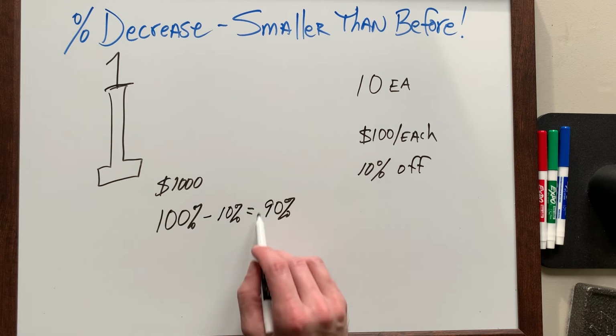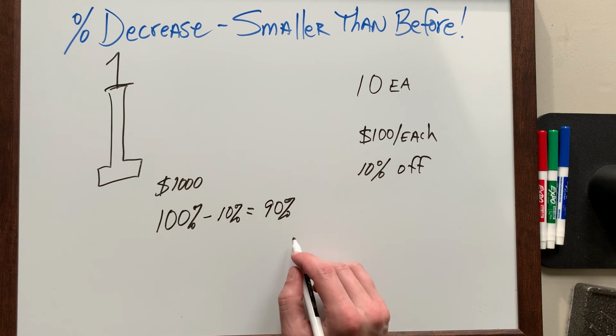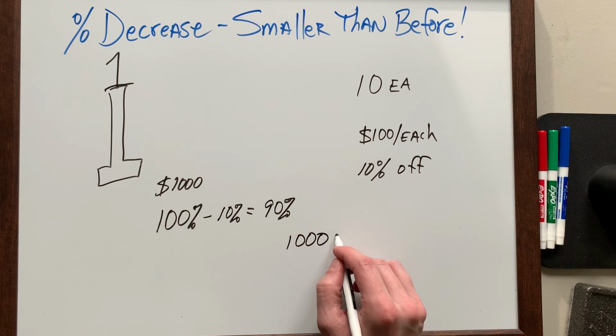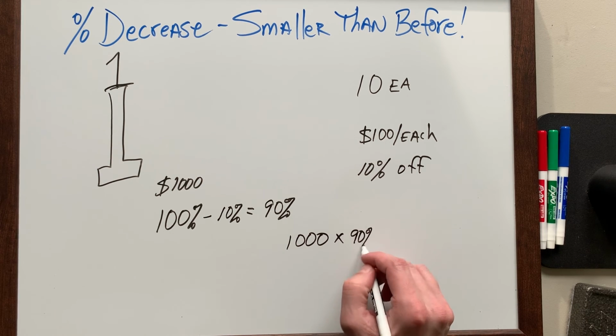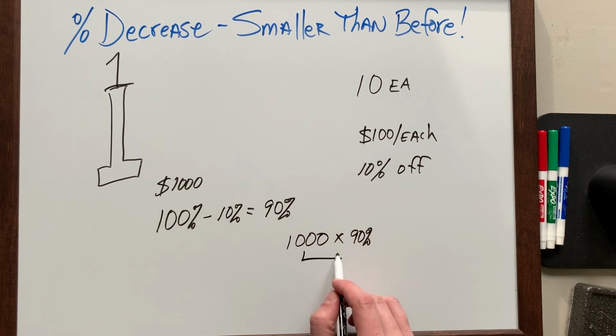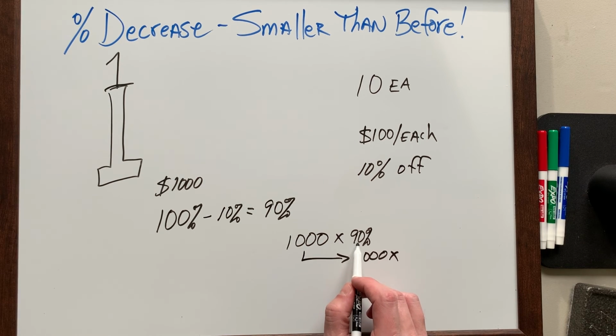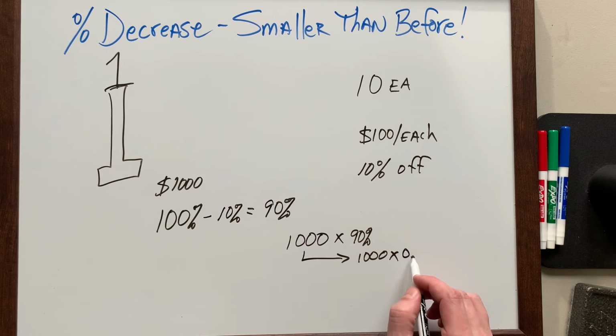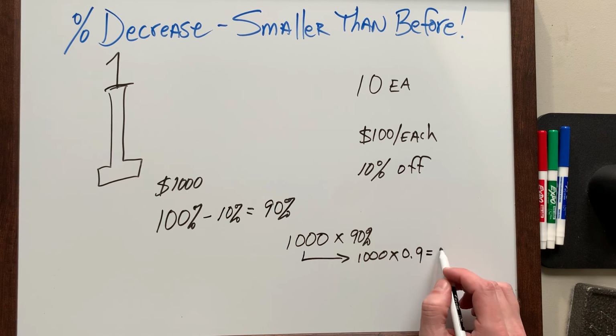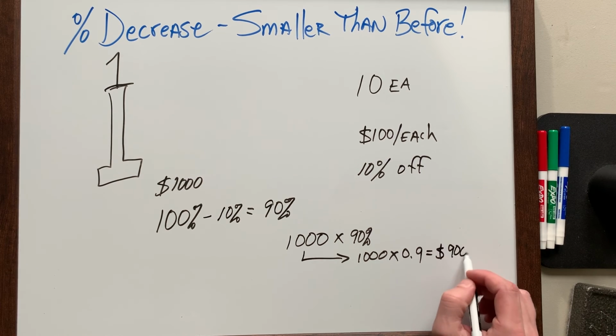What is 90% of $1,000? 1,000 times 90% is the same as 1,000 times 0.9, okay? And when you do that math, what you're going to get is $900.